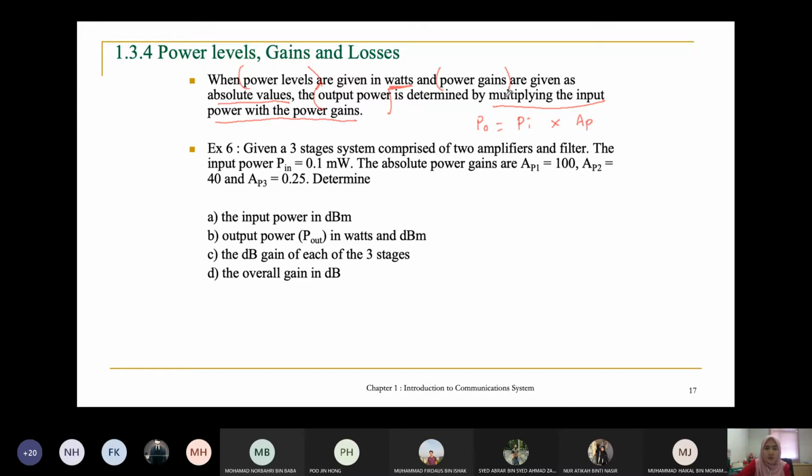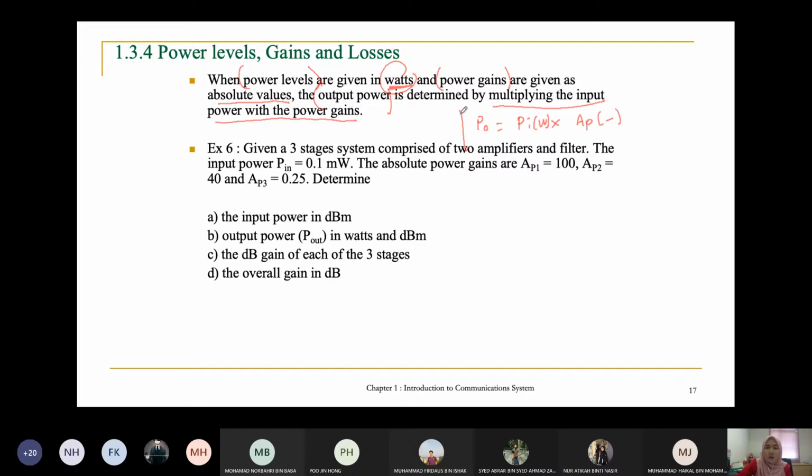However, in order to use this formula, you must make sure that the power level P in is in the unit watts, and the power gain is in absolute values, meaning no unit.